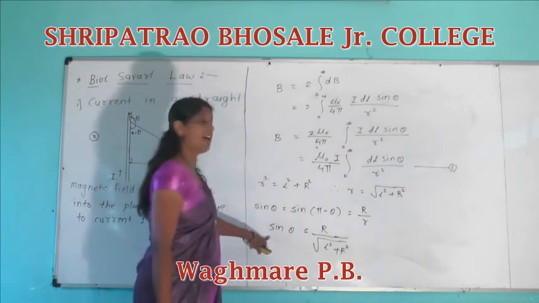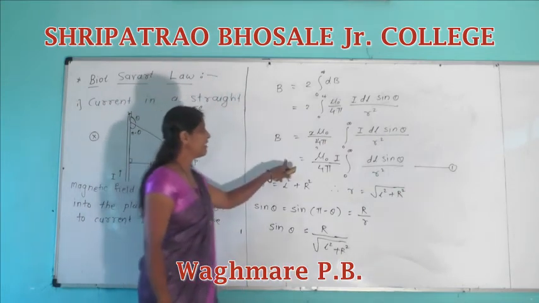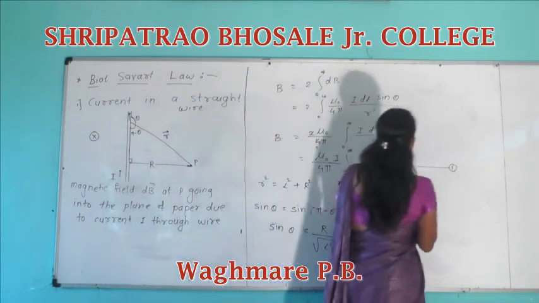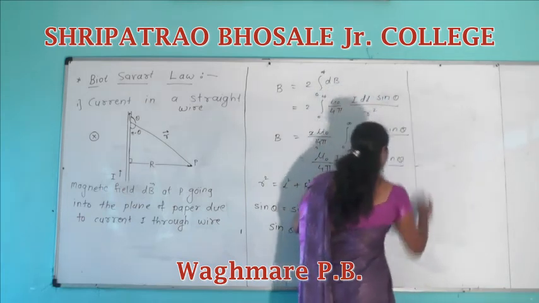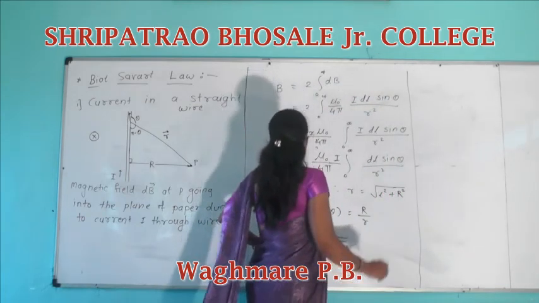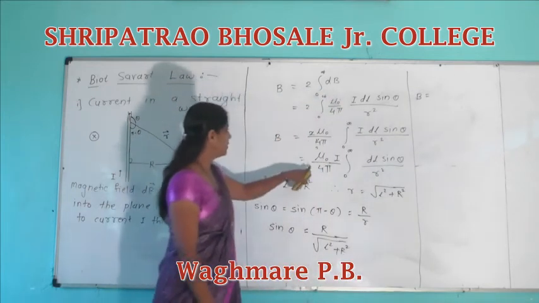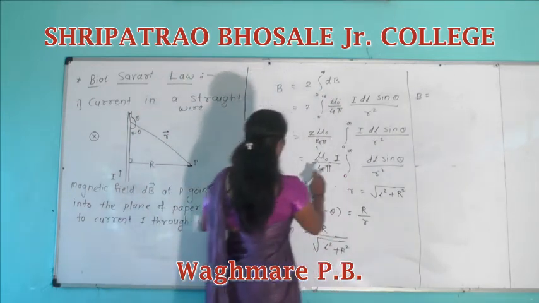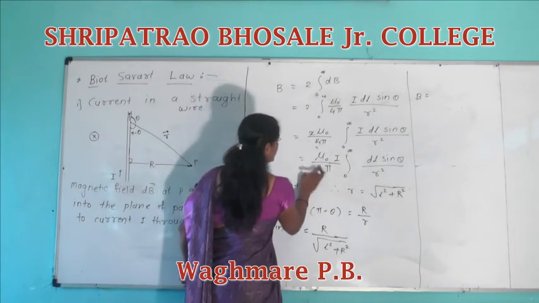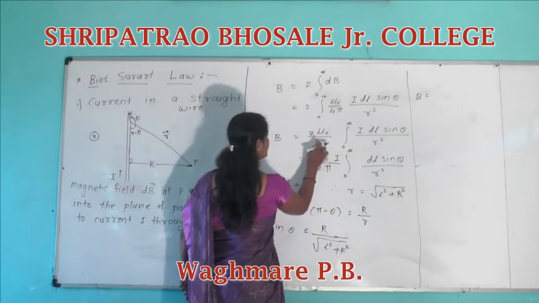Putting the value of sin theta in equation 1, we will get the magnetic field B equal to this. This 4 is cancelled here.